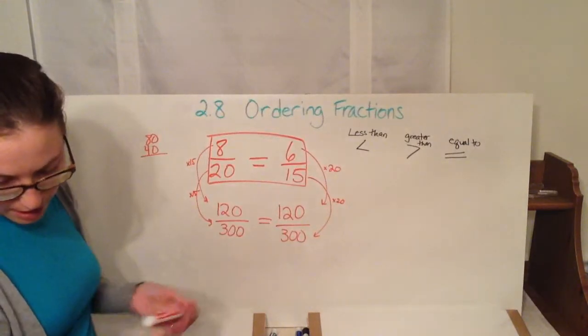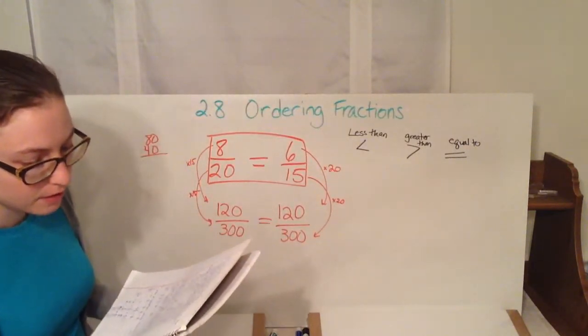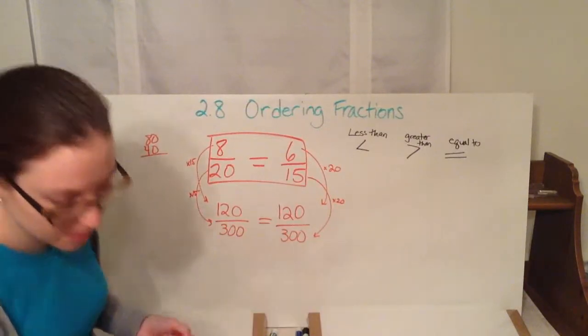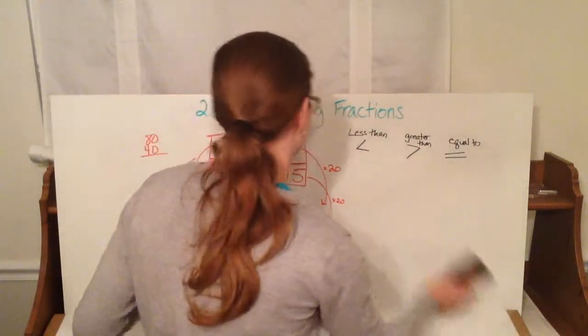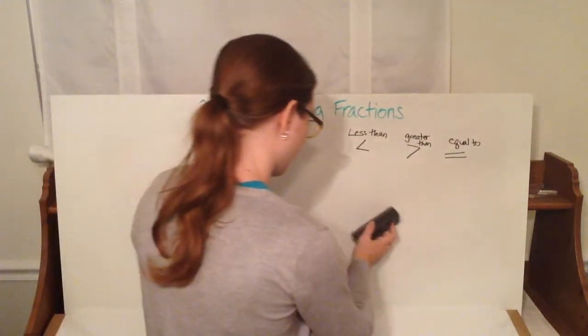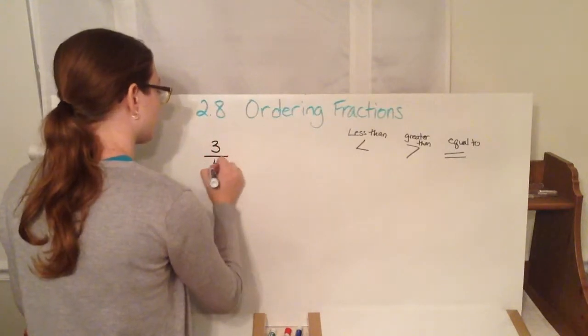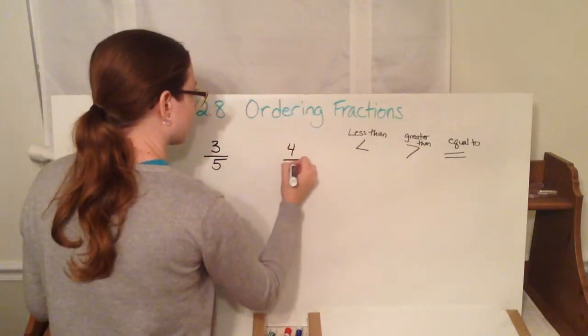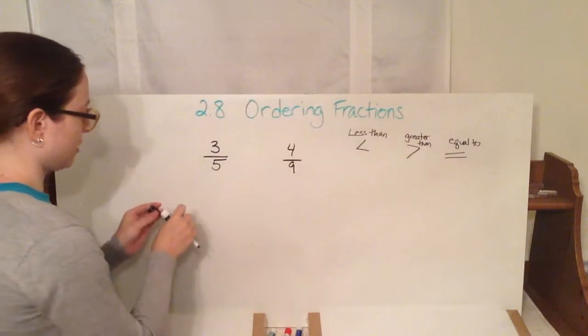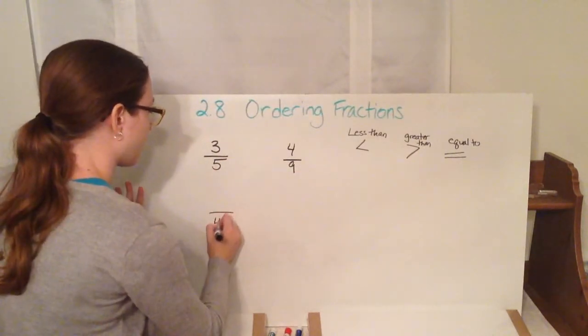Okay, and I'll do one more for you. 3/5 and 4/9. 5 times 9 is 45.